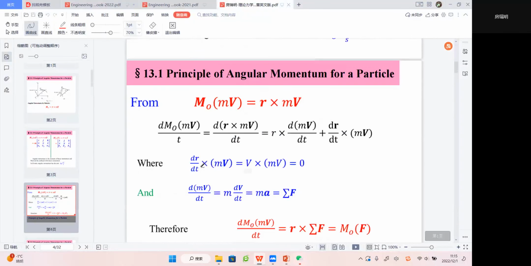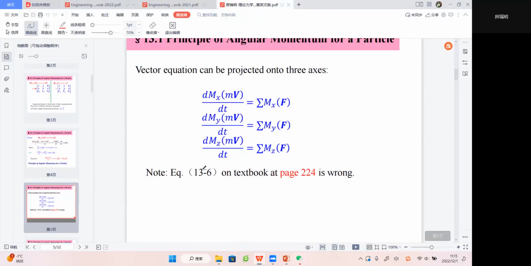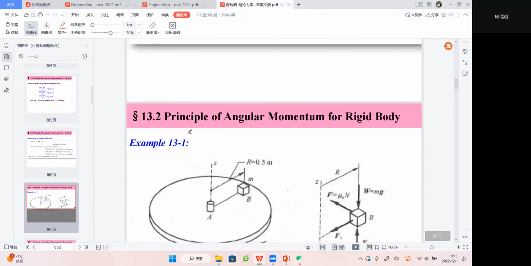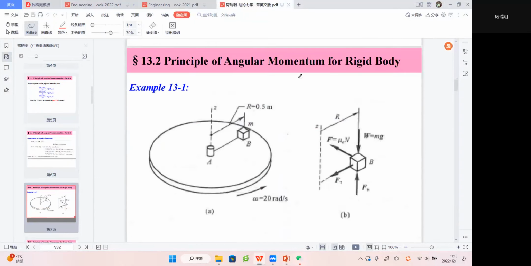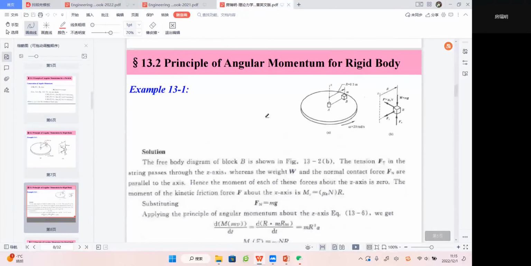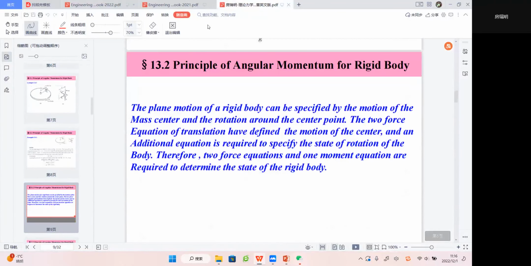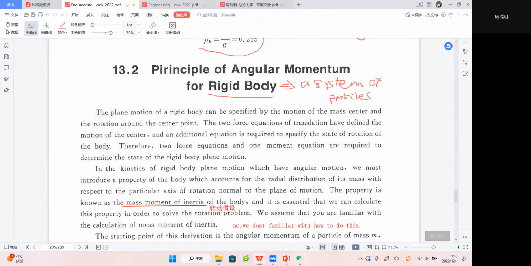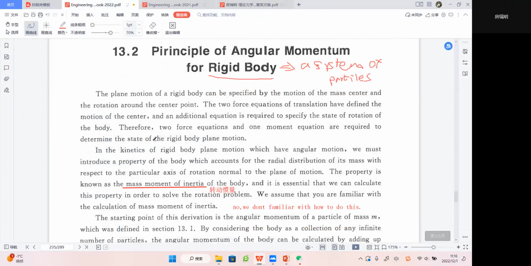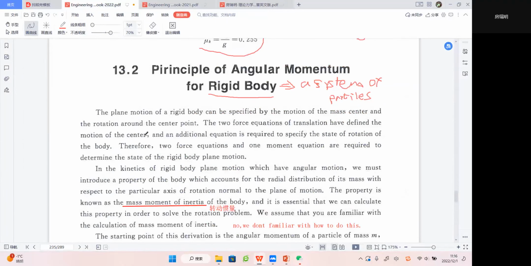So here, the second, we just talk about the principle of angular momentum for rigid body. So please, you guys try to follow me, try to pay attention to what I'm talking about.